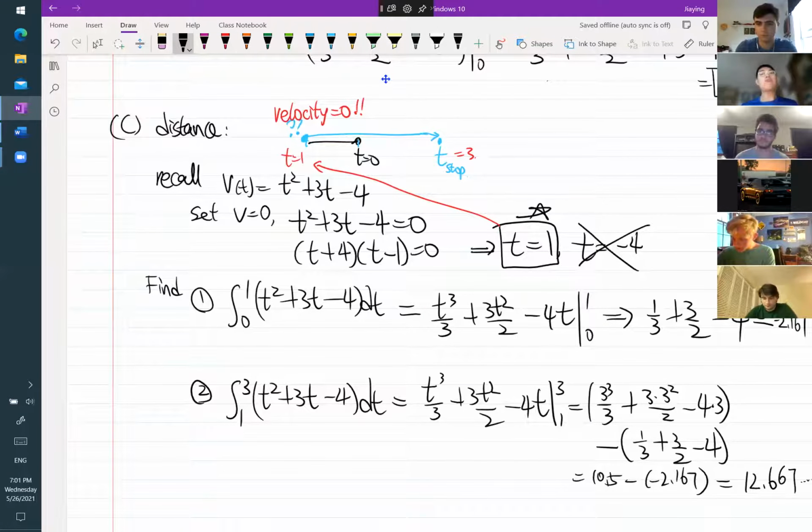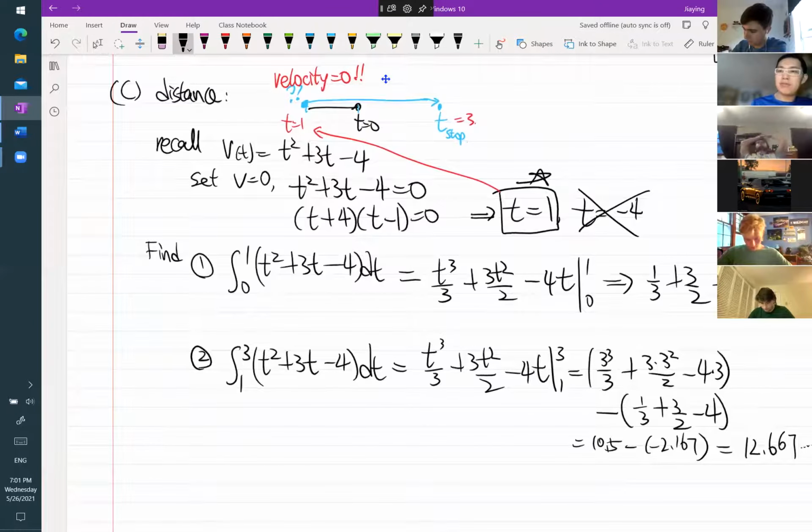So how do we find the total distance? It goes to the left side by 2.167 units, and then it turns around and goes to the right side by about 12.6 units. Well, for total distance, you have to include all of them, right? It's not just the difference between them. The negative means just going left. The positive means going right.